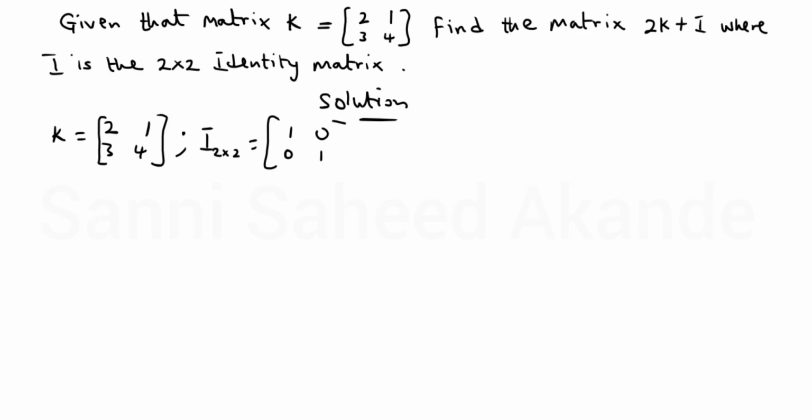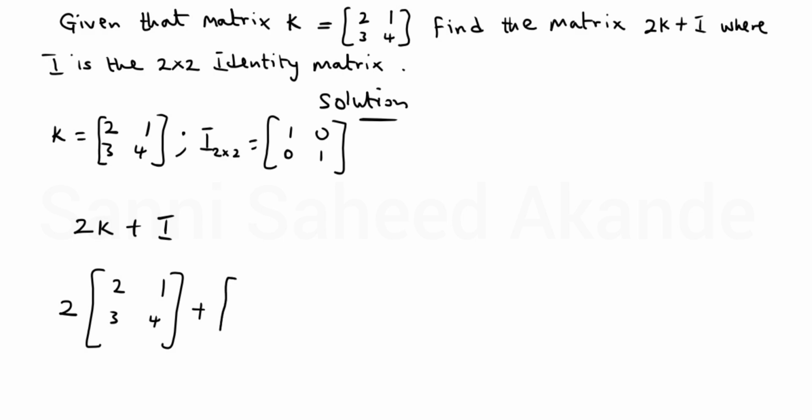Okay, and the question says we should find the matrix 2K plus I. So you should know what this is all about now. 2 times K, we have 2, and our K is 2 1 3 4, then plus I, and the I is 2 by 2 identity matrix giving us 1 0 0 1.